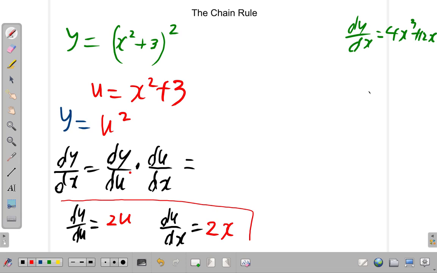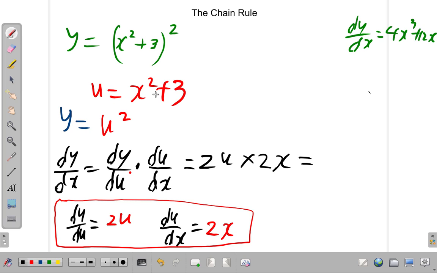So we have dy by du and du by dx. We can write here that this is dy by du, which is 2u, times du by dx. But du by dx is 2x. The thing is now, what was u?